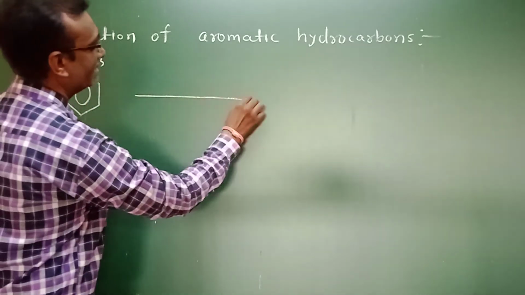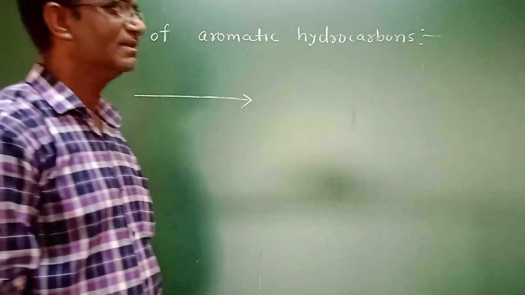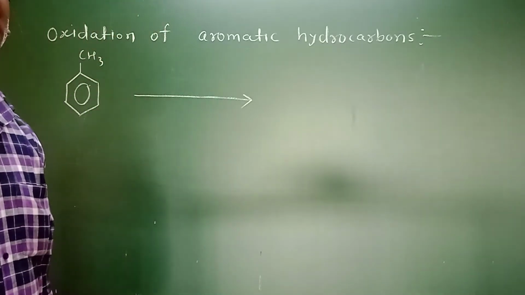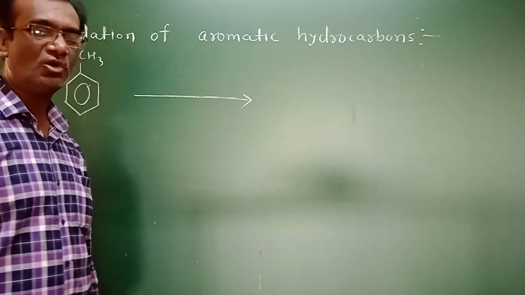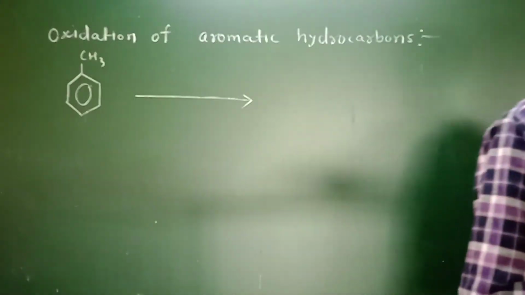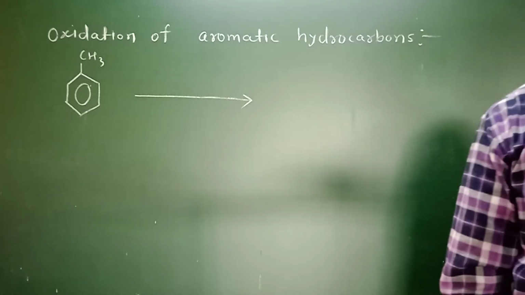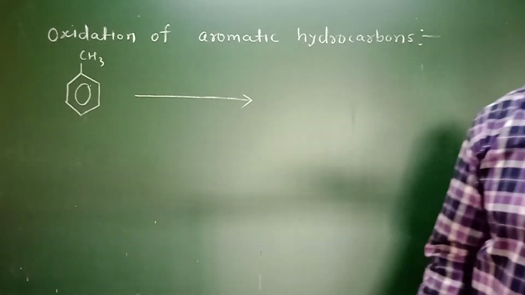If we oxidize this hydrocarbon by using a good oxidizing agent, one that you already used some classes before, you learned about it. Acidified potassium dichromate you used, or alkaline KMnO4 you also used.